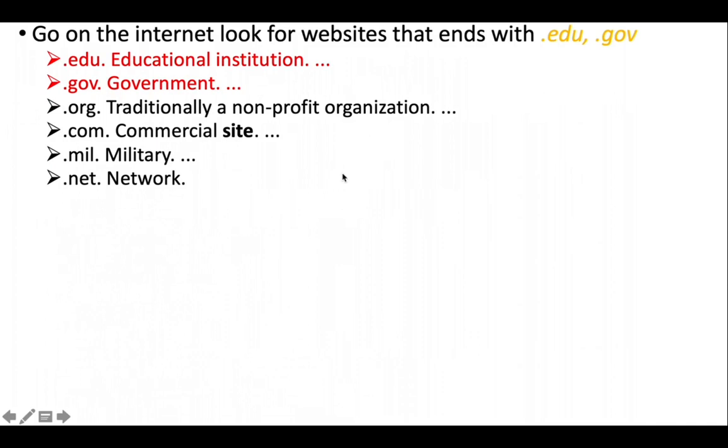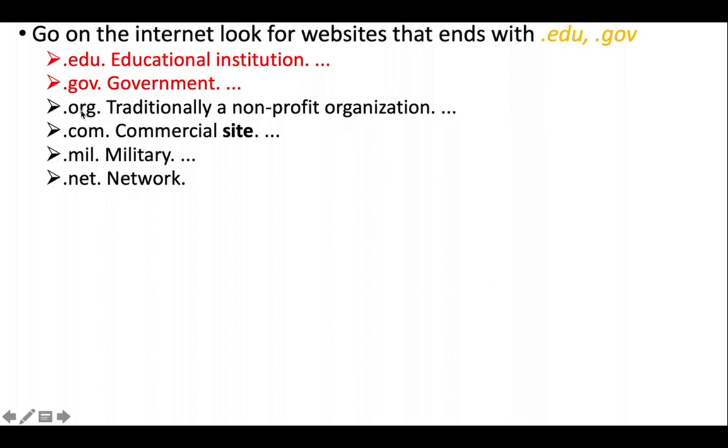When we are talking about educational websites, these are websites that end with .edu. But I'll say that if a website also ends in .gov, it's acceptable, because I've seen that some governments do provide information on language teaching, and those are the prominent websites that you have to use. That ends with .edu, which means educational institution, and .gov, which is government, but avoid the other ones.